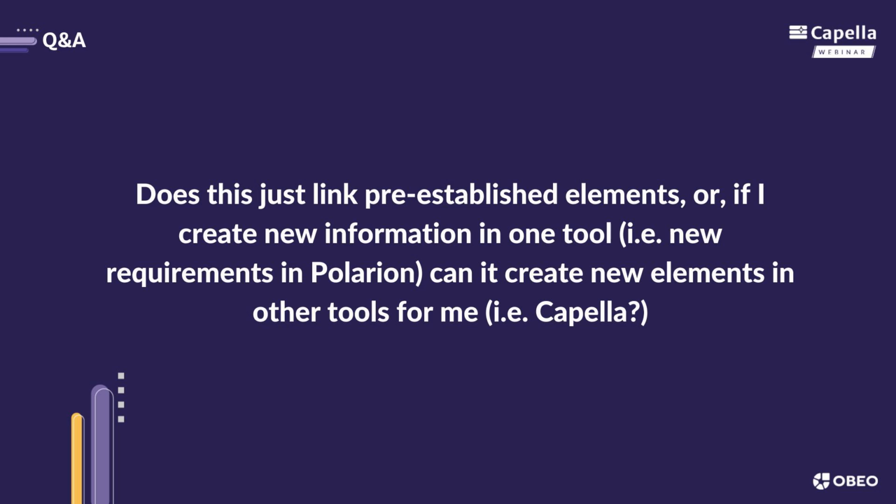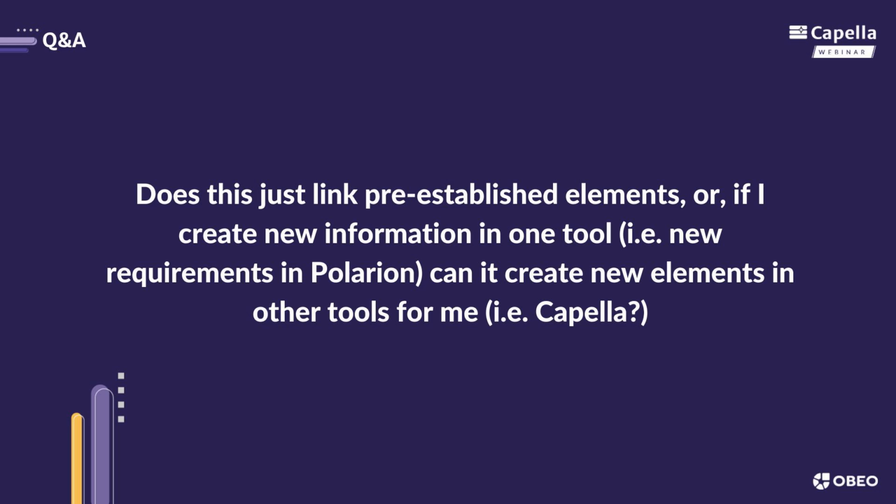That's a good question as well, relating a little bit to all we saw. So a good question to close here for a conclusion. It links pre-established elements, of course, because we synchronize these elements to the synchronized source of truth. But the last step that was presented in this webinar, which is the interoperability, is in fact the ability to migrate data from one tool to another. Here I used Polarion in these examples.